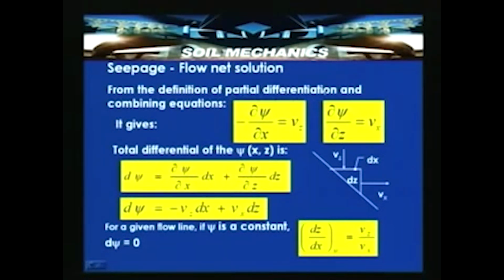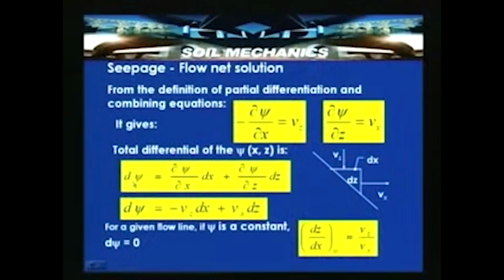From the definition of partial differentiation and combining equations −∂ψ/∂x = Vz and ∂ψ/∂z = Vx, it gives the total differential. For ψ(x,z), dψ = (∂ψ/∂x) dx + (∂ψ/∂z) dz.